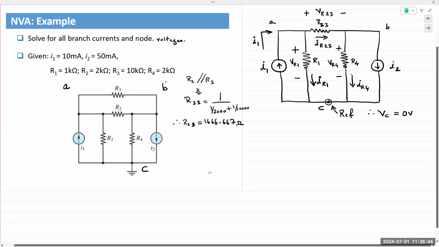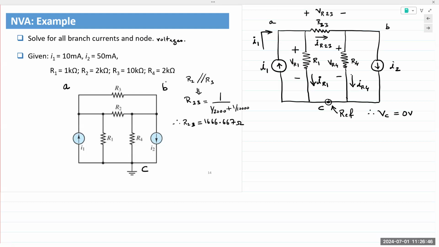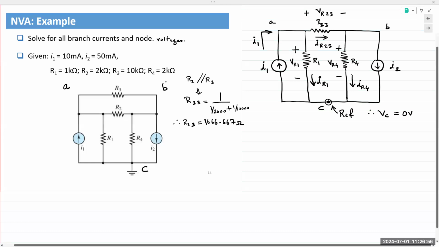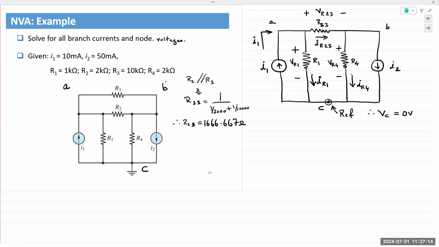And that is because of the assumption of the current direction. Okay, that is the setup of the problem. These are the most important steps. If the setup of the problem is incorrect, then the rest of the solution would be incorrect.